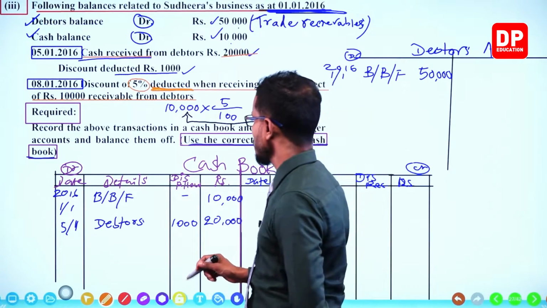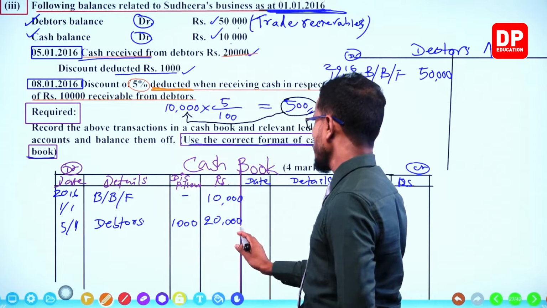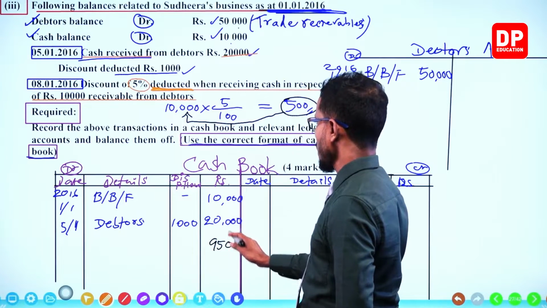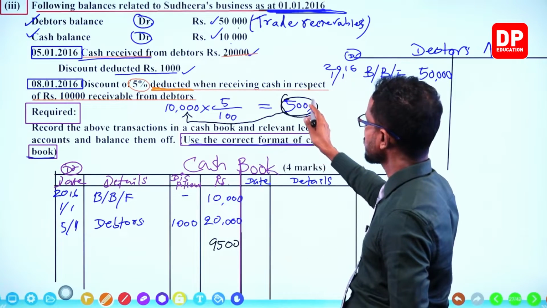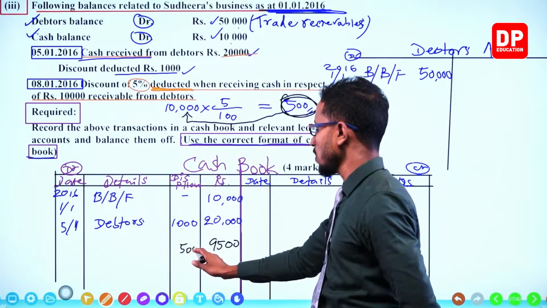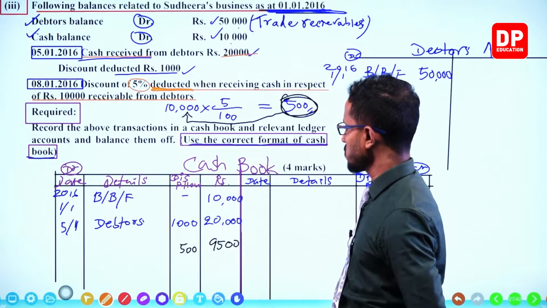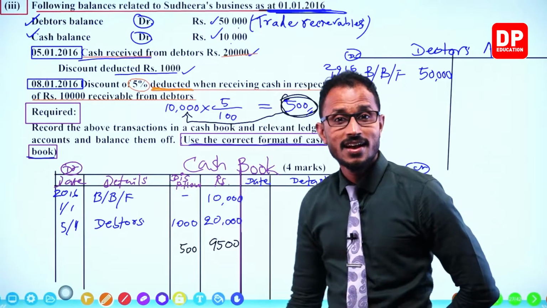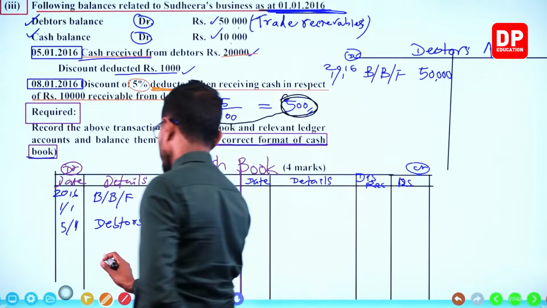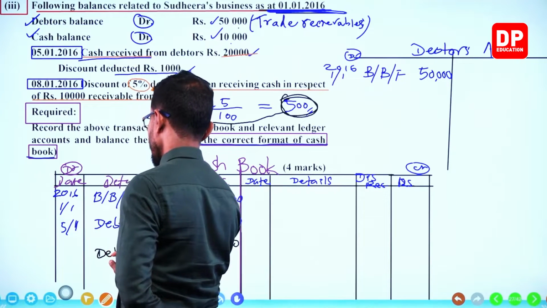Now 10,000 becomes 9,500 because 500 is subtracted, and this 500 is the discount. It goes to the discount column, just like that. Okay, again, description is debtors.